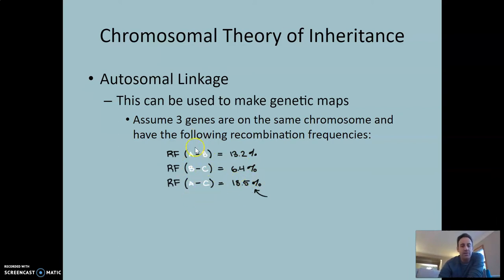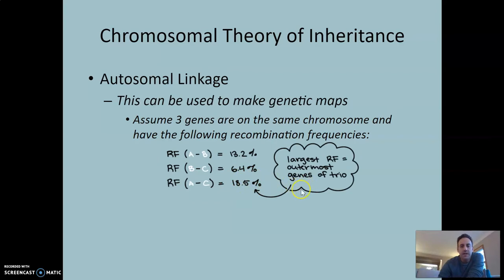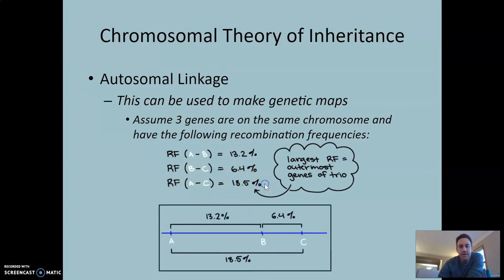So we know that these are all on the same chromosome, and so what we do is we say, all right, well, A and C must be the furthest apart because they have the largest recombination frequency between them. And so then A and then B must be in the middle. And so basically A and C are 18.5 map units apart. A and B are 13.2, and B and C are 6.4.